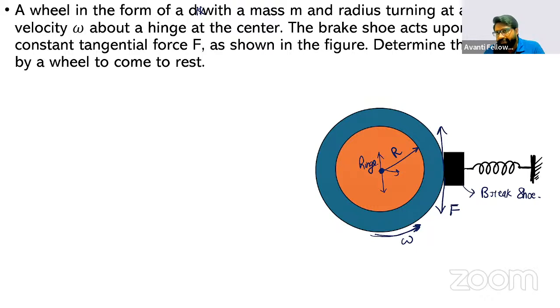Zero torque they will generate because their line of action is passing through the point of rotation. ठीक है. So that is why we can say here forces at hinge point do not produce any torque.